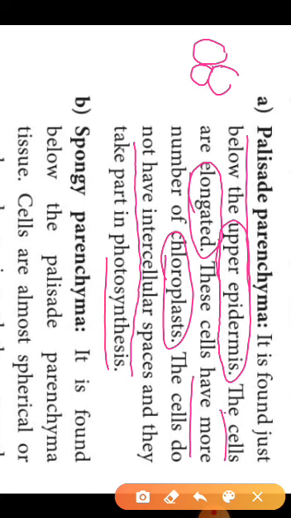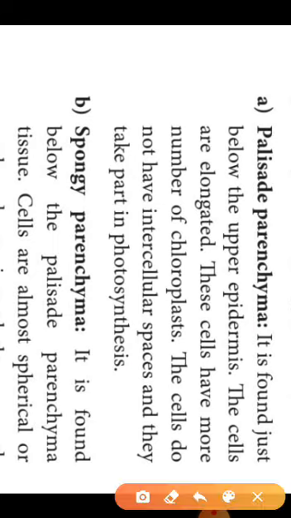Name the two structures which do not have intercellular spaces. Yes, upper epidermis and palisade parenchyma. Palisade parenchyma takes part in photosynthesis. Write some characteristics of palisade parenchyma.